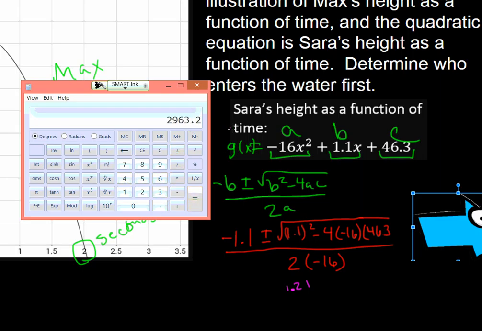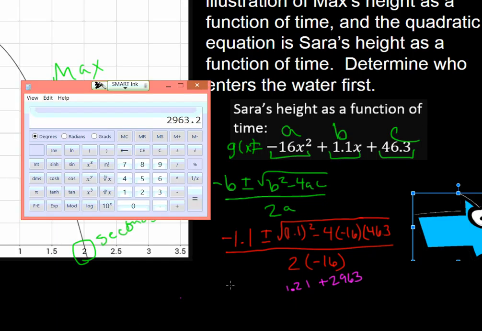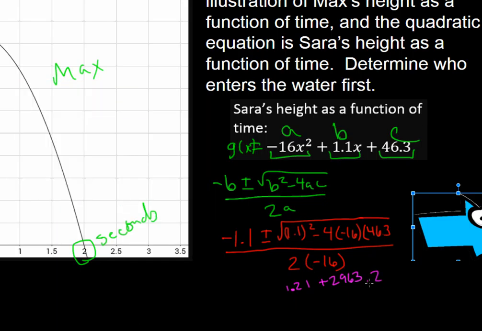All right, we get that amount. So we get positive 2,963.2. So we're going to add those two together.